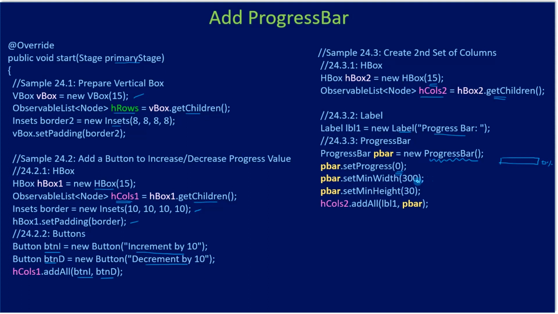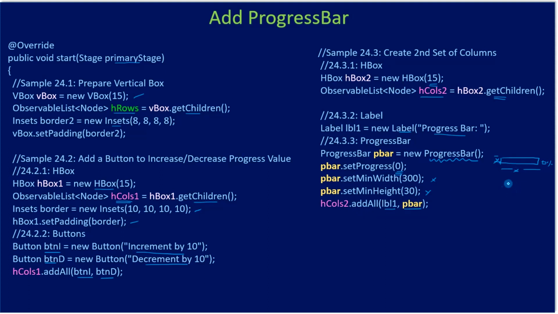Then set minimum width, minimum height. So that's what we are setting here. After that, to hcols addAll, we are adding the label as well as the progress bar.